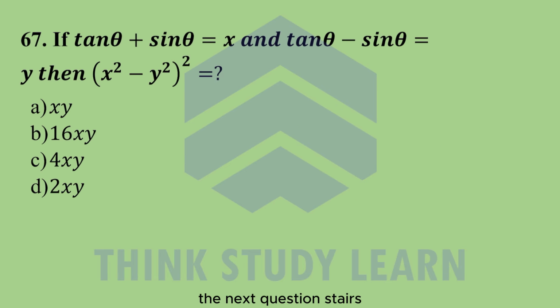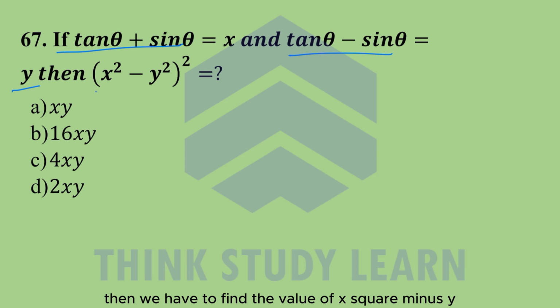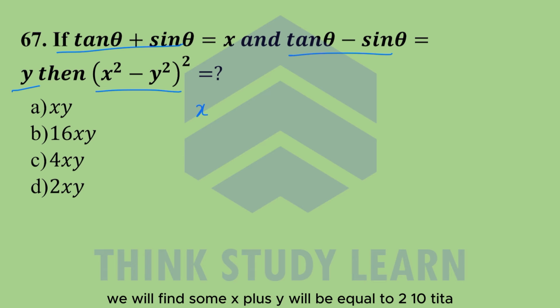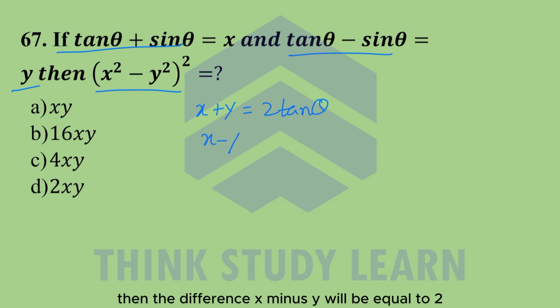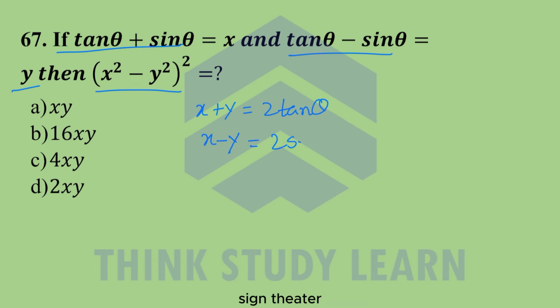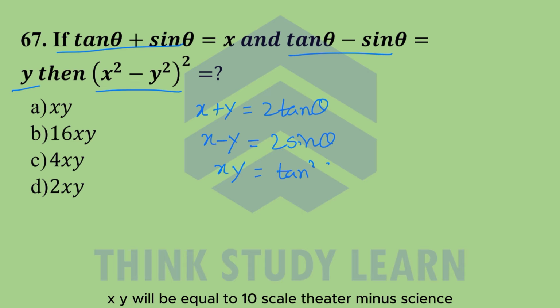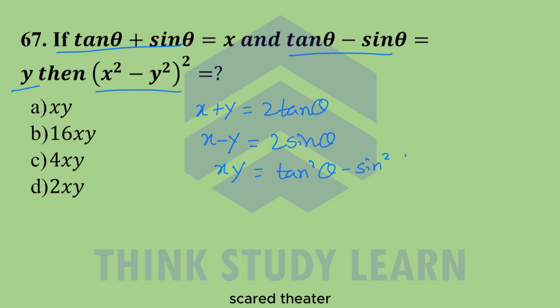The next question states if tan theta plus sine theta is equal to x and tan theta minus sine theta is equal to y, then we have to find the value of x square minus y square whole square. First we will find the sum: x plus y will be equal to 2 tan theta, then the difference x minus y will be equal to 2 sine theta. Similarly, the product of these two equations, xy, will be equal to tan square theta minus sine square theta.